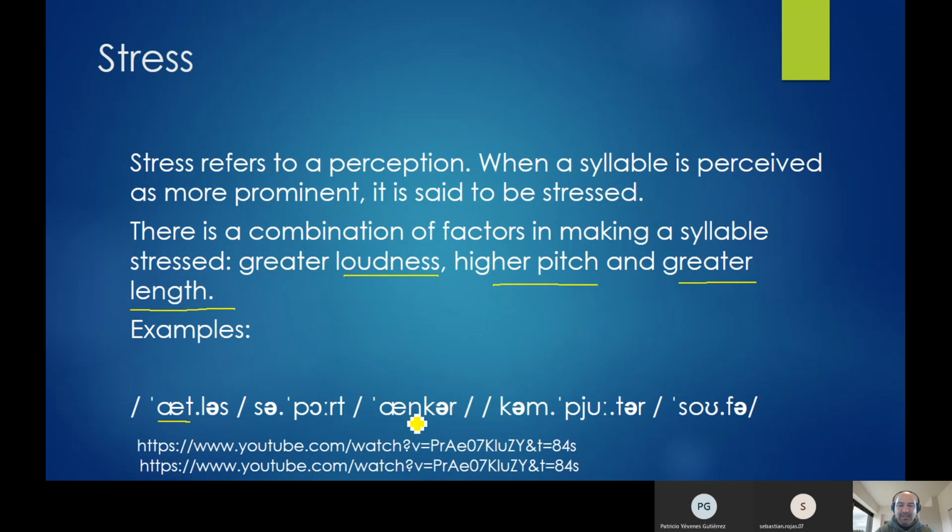The same thing in the rest of the examples: anchor, computer, sofa. As you can see yourself, the strong syllable contains any other sound than a schwa. Schwas are always going to be in the weak syllables, syllables that are shorter and not as loud as the vowel sounds that are present in stressed syllables.